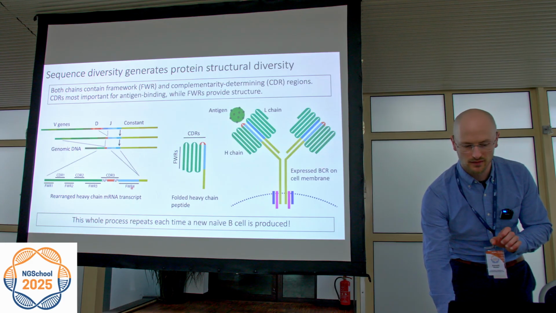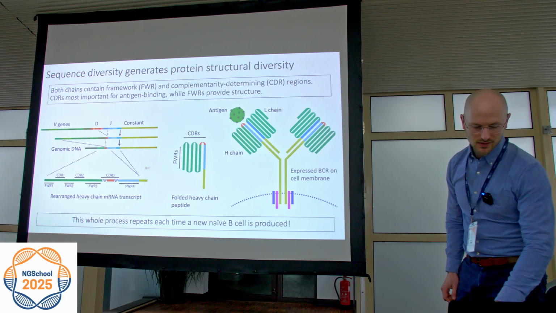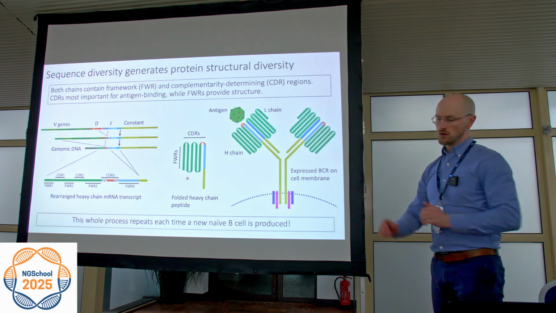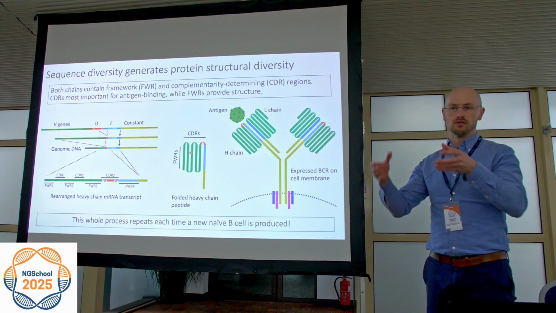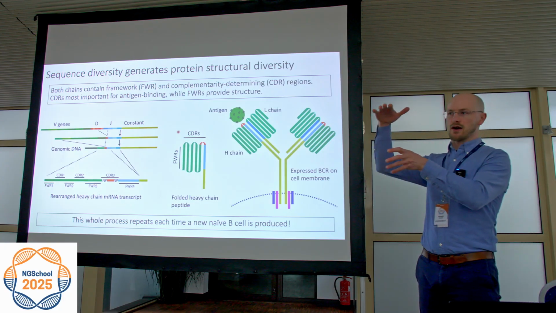And then finally, we have framework 4 in the J gene. The reason these are non-consecutive is that when the protein forms, it folds over so that the framework regions connect to each other, and that gives the molecule stability, and the complementarity determining regions stick out.